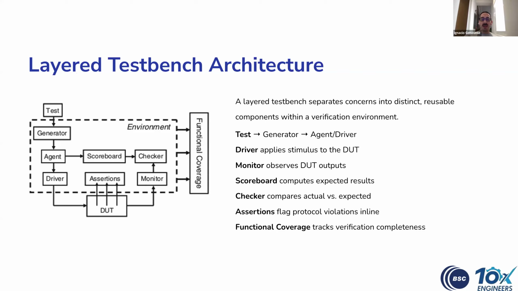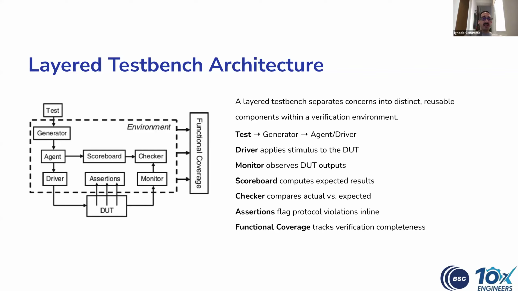For example, a change in the stimulus generation shouldn't affect how checking is done. And we can reuse existing components for different scenarios. So this layered architecture enables the reuse of the test bench across multiple projects and multiple teams.